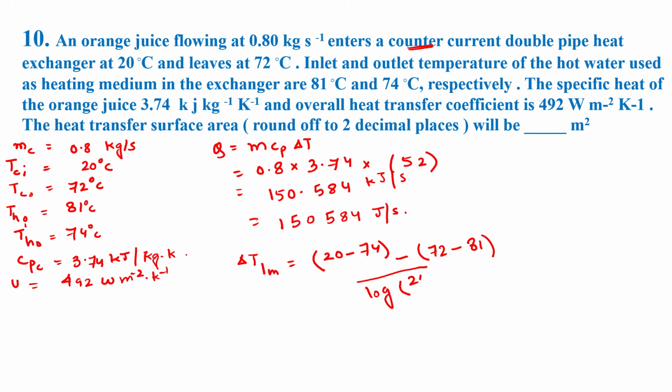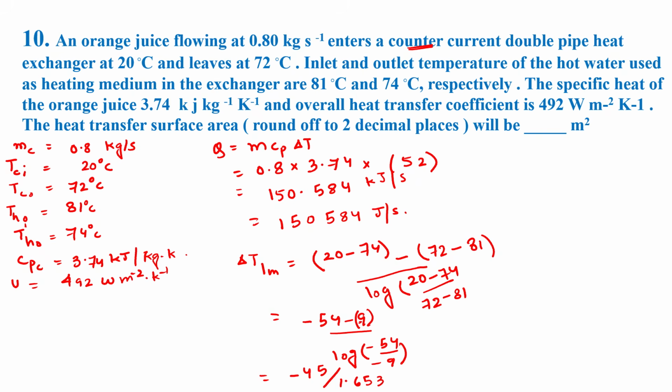So we'll calculate this. We'll get minus 54 minus of minus 9 by log minus 54 by minus 9, or minus 45 by 1.653, which is equal to 27.22 approx.